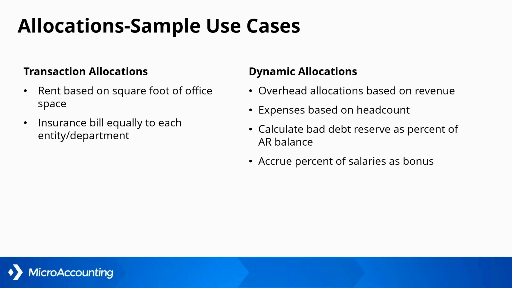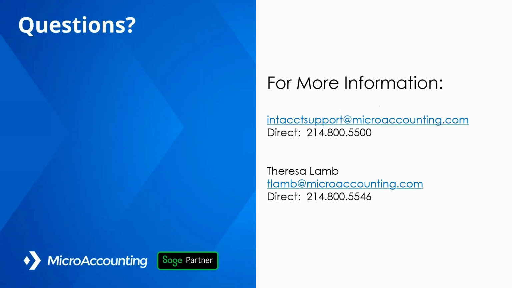So you think of things outside of the traditional allocation sense of the word that we can use this for: calculations of balances, movement of balances into other GL accounts, things like that, so that I'm not necessarily having to manually go and do those calculations and do those entries.